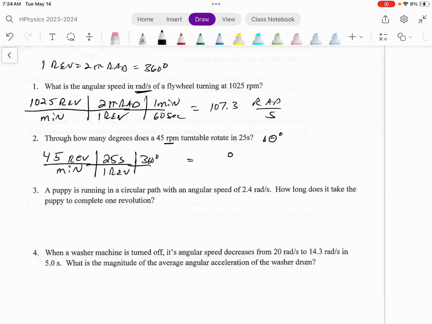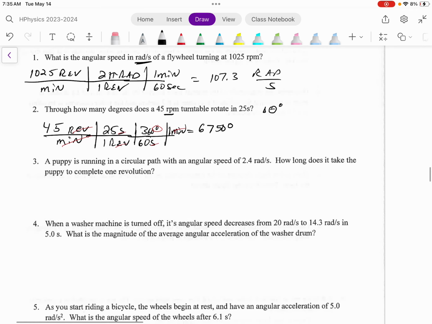So I know that 60 seconds equals 1 minute. And so now my minutes cancel, my seconds cancel, my revs cancel, and the only thing I'm left with is degrees. Plug that into your calculator, you get 6,750 degrees. Everything on top is multiplied, and then you divide by 60, and there's your answer.